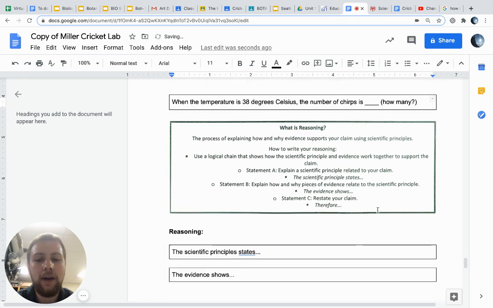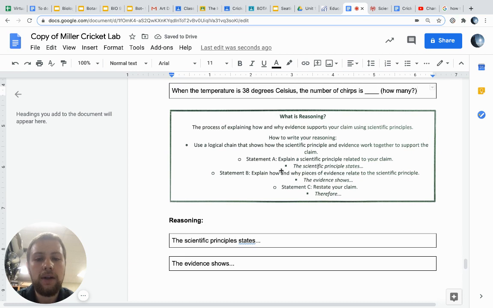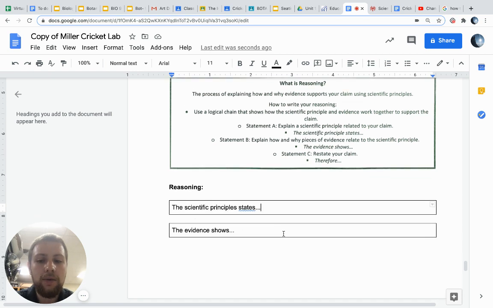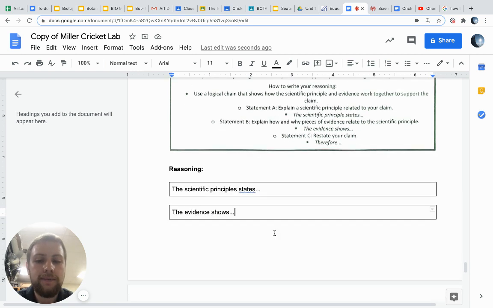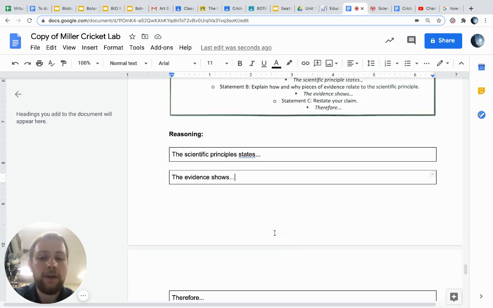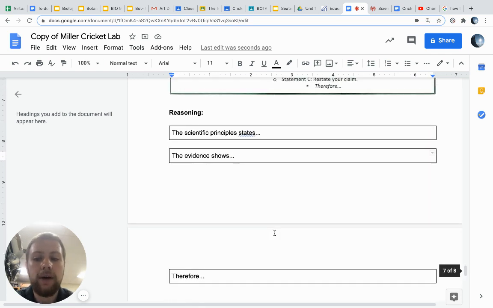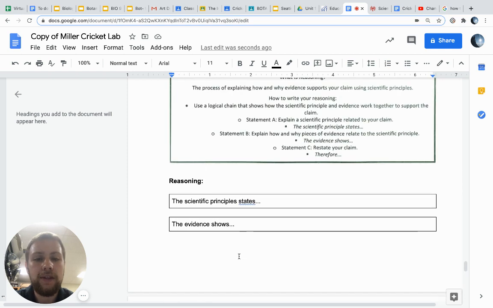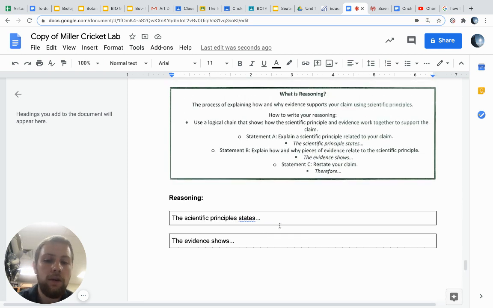Lastly, our reasoning has three components. We want to talk about a scientific principle and what it states in our first statement: the scientific principle states. Then we want to use actual evidence to demonstrate what the evidence shows about how air temperature impacts cricket chirp rate, and therefore we will restate our claim. For the scientific principle, we could think about what we learned in our research.